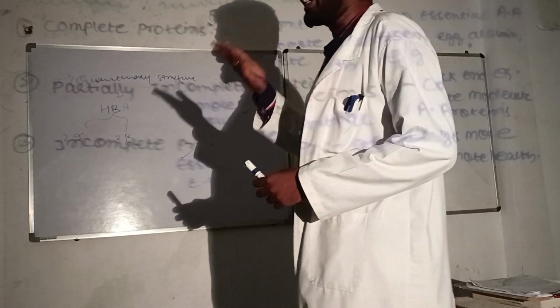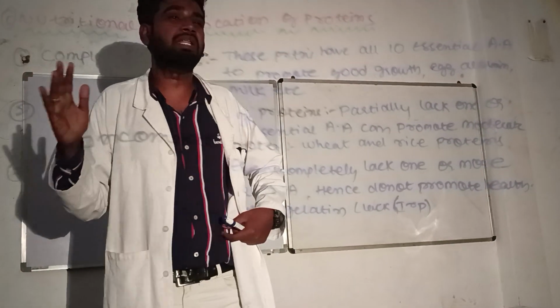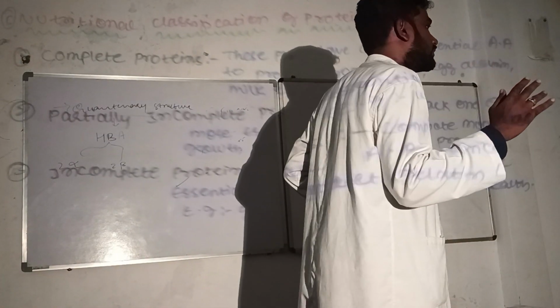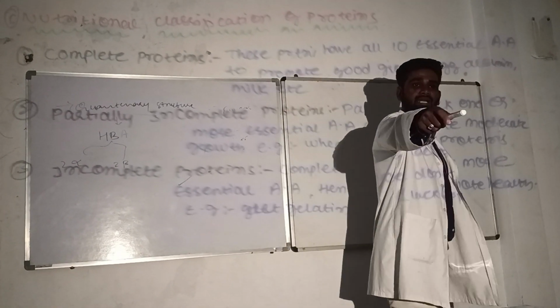Now there are incomplete proteins, completely lacking one or more essential amino acids, hence they do not promote health. The example is gelatin, which lacks one complete amino acid, that is tryptophan. ठीक है?